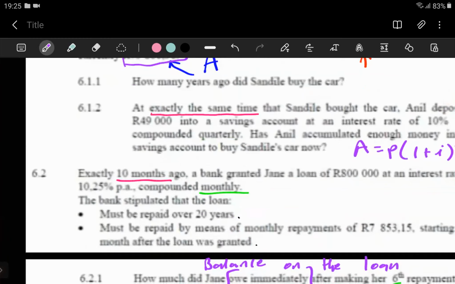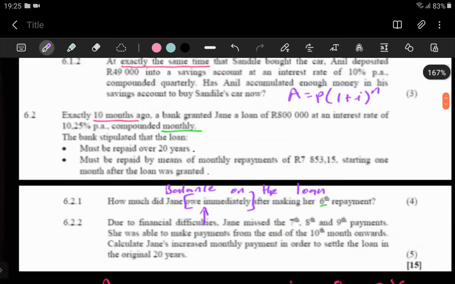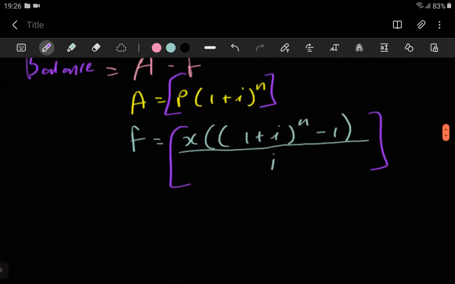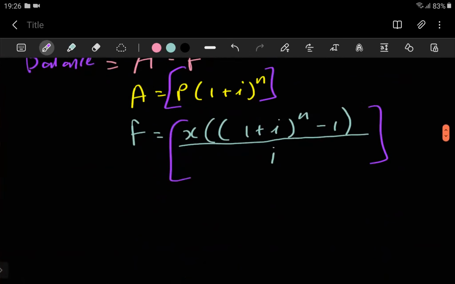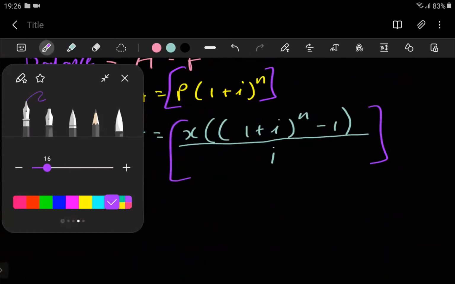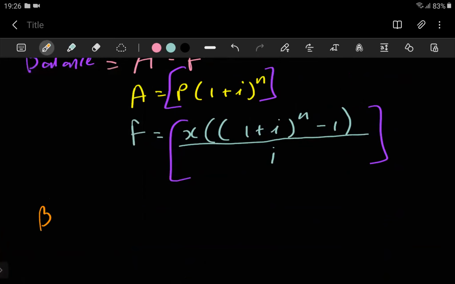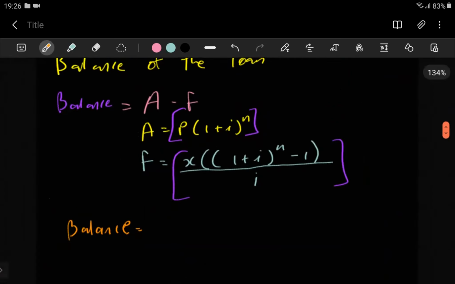With that being said, the next thing we can do is work out the balance. As we said, it is just going to be the one formula minus the other formula. So the balance is equal to P, where P is equal to 800,000.